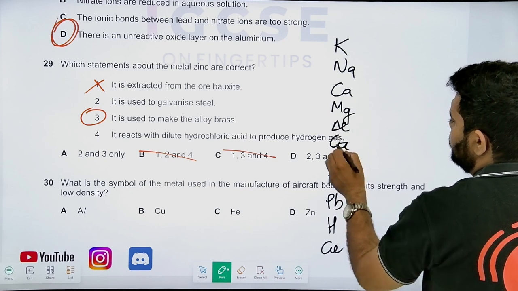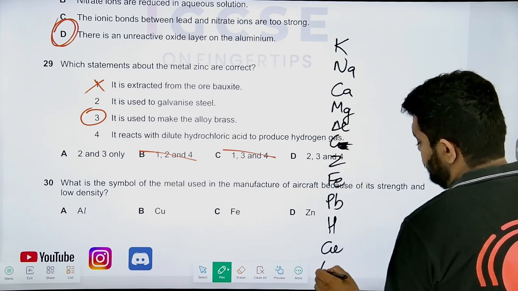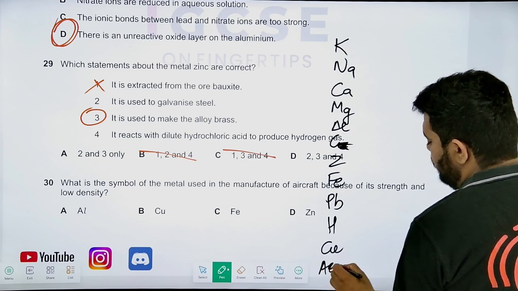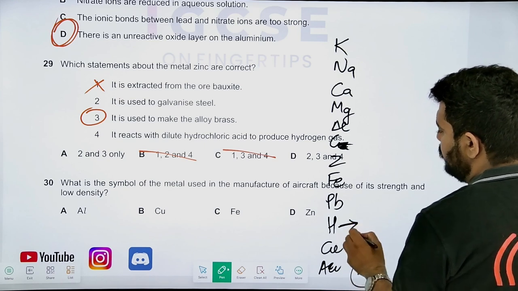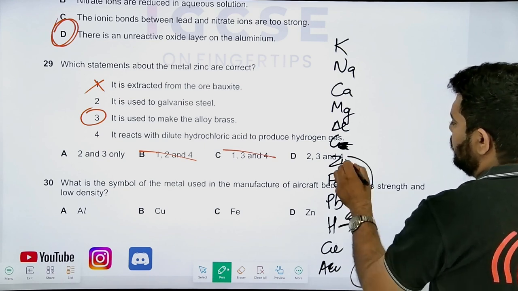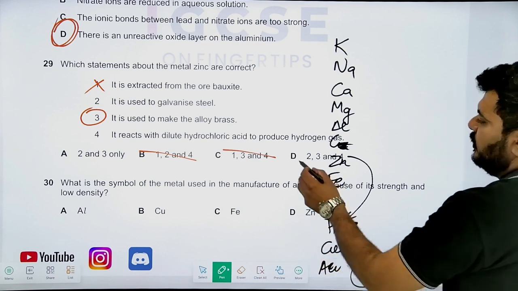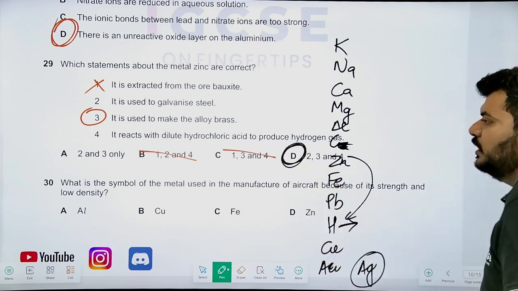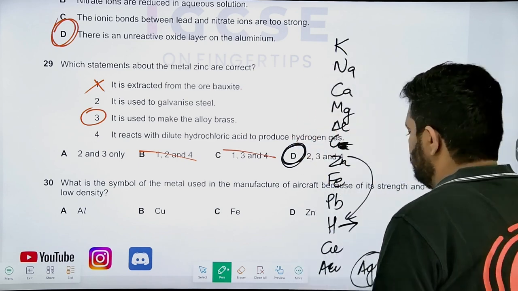Okay, this is calcium, this has to be carbon. So hydrogen is below zinc, right? So zinc should form this particular reaction. So D is your correct answer, right?